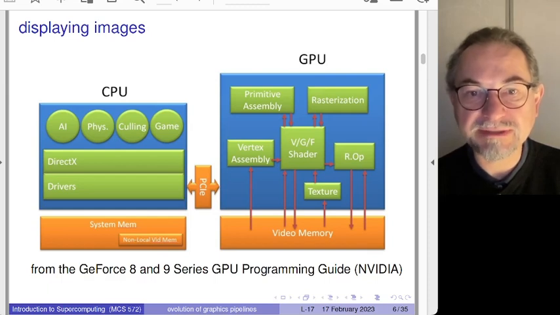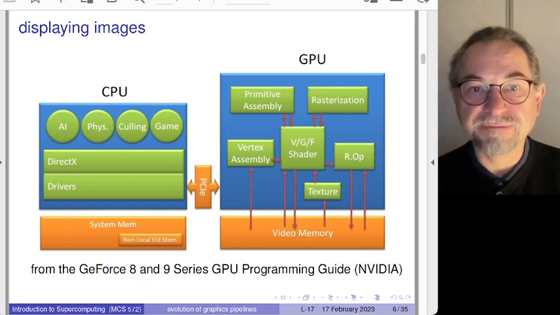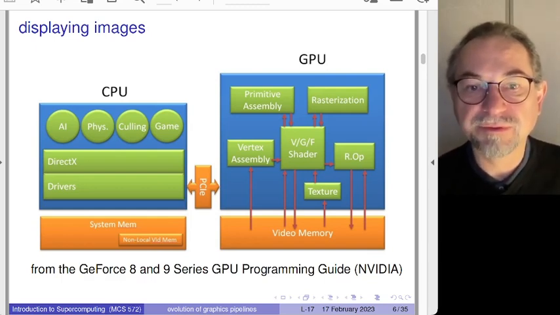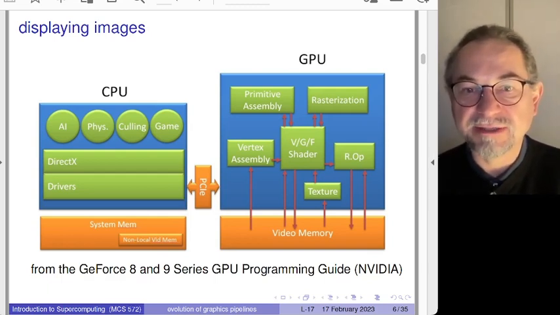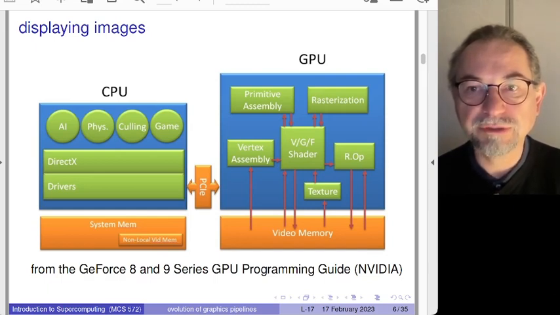So what is happening, every processor in the pipeline retrieves, at the beginning from the video memory, but then passes this through to the next processor in the stage, and there is reading and writing also to the memory of the graphics card.